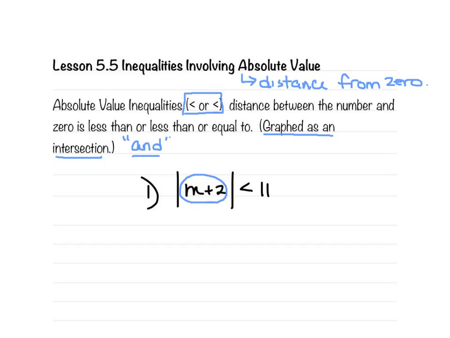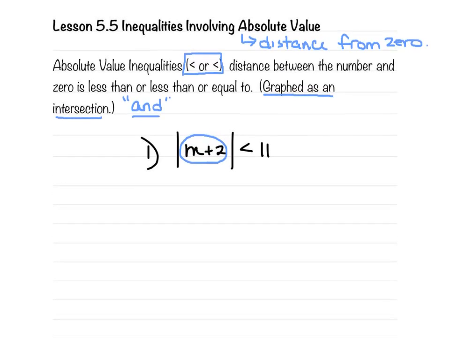Well, the same is true here. We will be considering two cases. So case number one is the positive case. Case number two will be the negative case. Okay, so let's explore them.